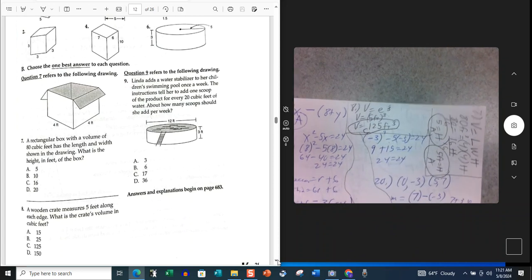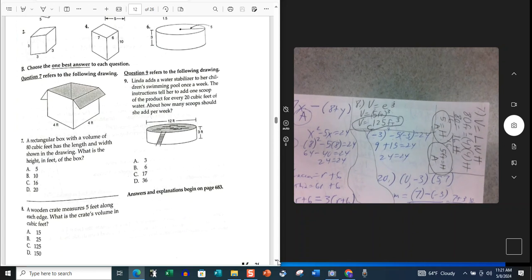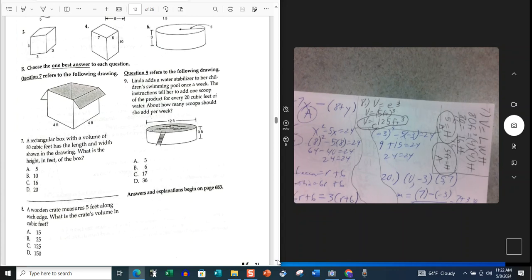All right, now, number 9. It says here that Linda adds a water stabilizer to her children's swimming pool once a week. The instructions tell her to add 1 scoop of the product for every 20 cubic feet of water. About how many scoops should she add per week? So first of all, we need to find the volume of this cylinder.